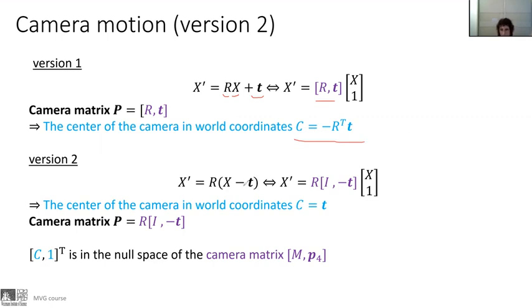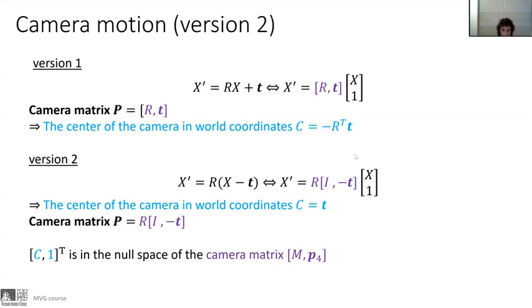Now I have another version. I can take the point, shift it, and then rotate. Then you have this version of the camera matrix. In this version, the center of the camera in world coordinates is exactly T. It's not T rotated like here. So in the different versions, you consider T once in the original world coordinates, and the second time in the camera coordinates.